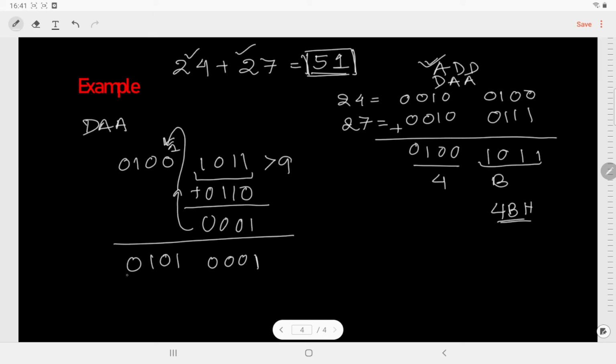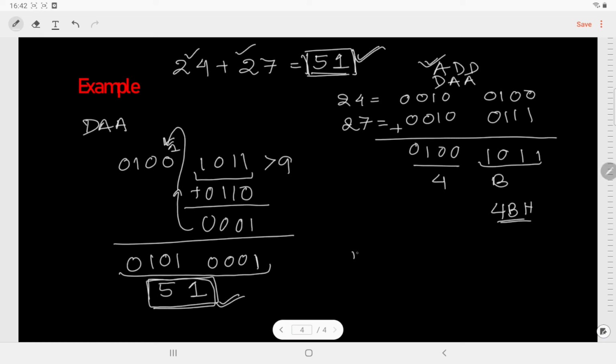What is the equivalent of this representation? Here it is 5 and the lower nibble is 1. So the result is in the decimal system. We expected the result to be 51 and after using the DAA instruction we got 51. So this is how the DAA instruction works.